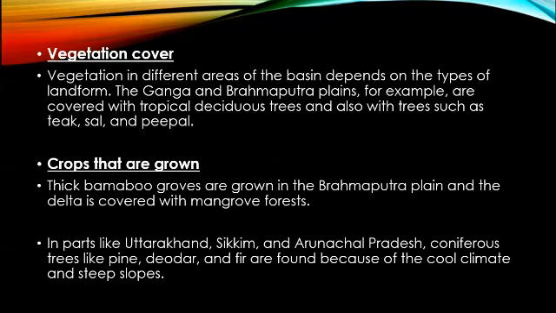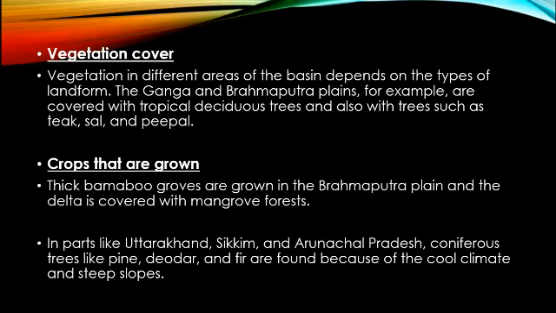If we talk about the vegetation cover, the vegetation in different areas of the basin depends on the type of the landform. The Ganga and the Brahmaputra plains, for example, are covered with tropical deciduous trees such as teak, sal, and peepal.